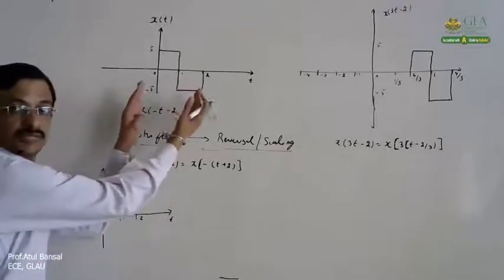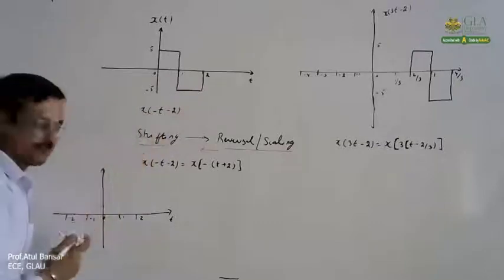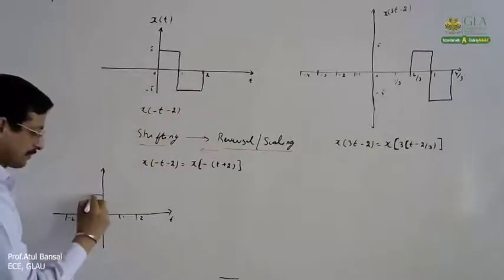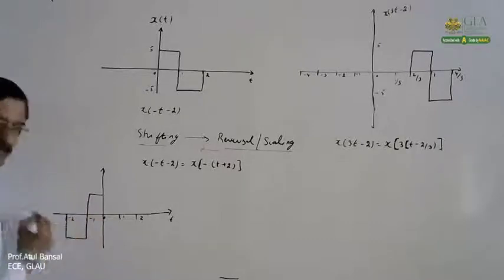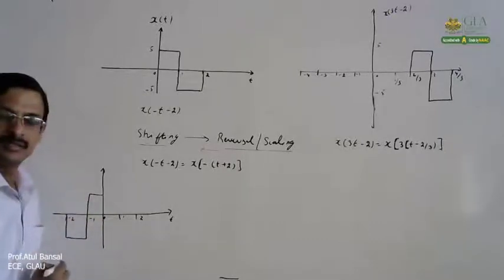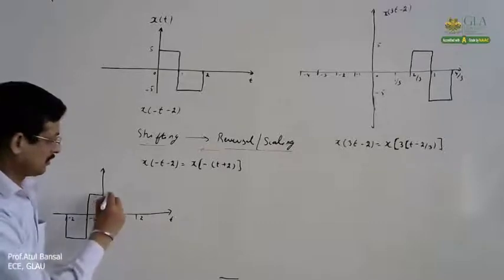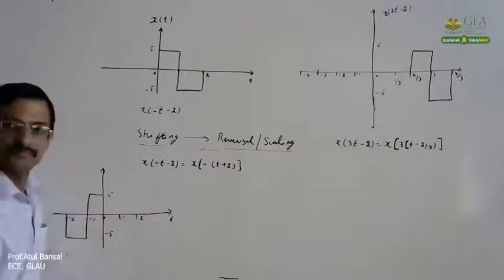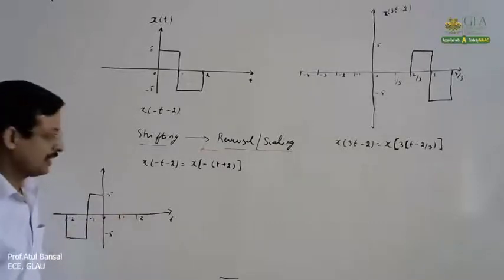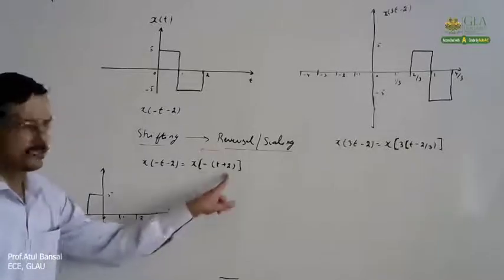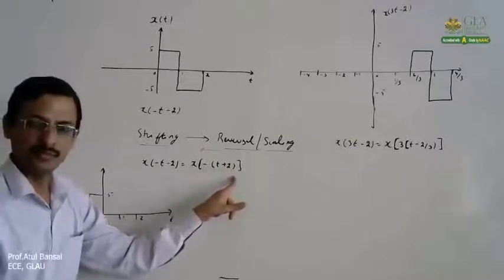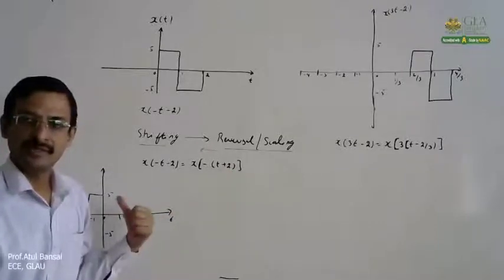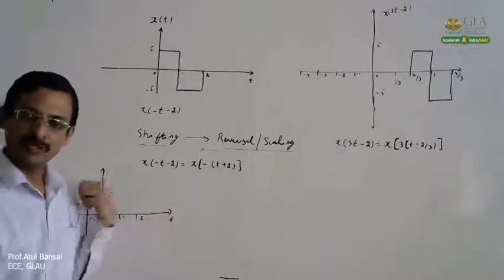This pulse signal will get reversed across the y-axis, and we will get it like this. Okay. Now we will do shifting. Shifting here is t plus 2, which means capital T is negative, so shifting will happen towards the left-hand side.